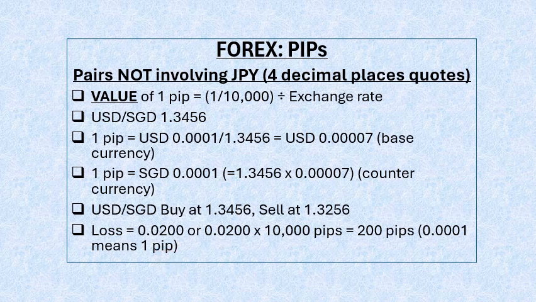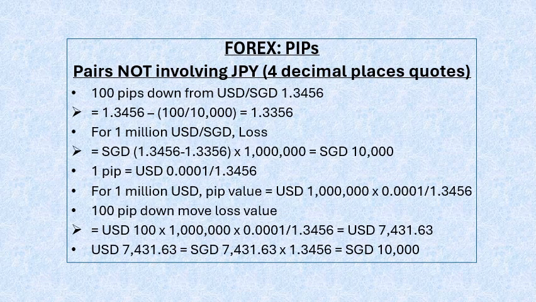A 100 pip down move from USD SGD 1.3456 will be a move to 1.3456 minus 100 divided by 10,000, which is equal to USD SGD 1.3356. This is because 100 divided by 10,000 is 0.01.